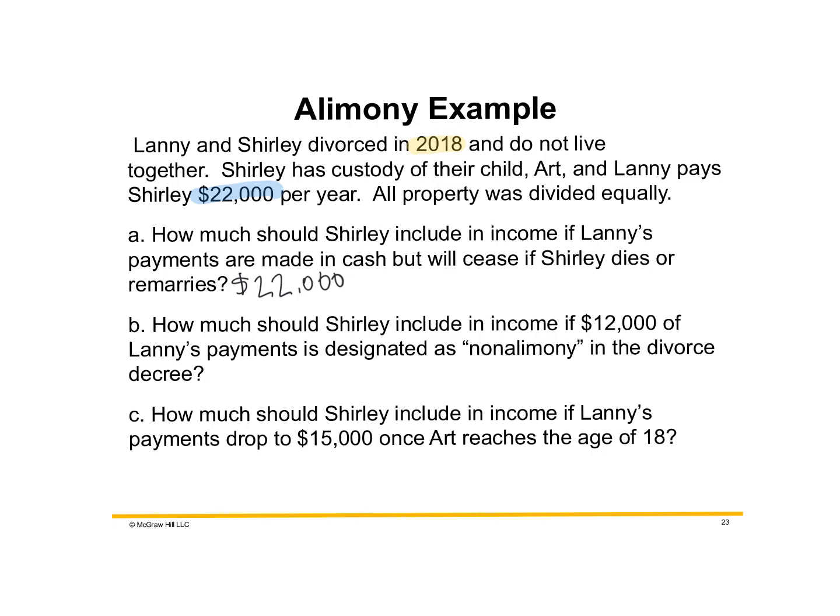And the reason why it is $22,000 here is because the payments do not continue after Shirley's death, and it is not important that the payments may cease earlier than Shirley's death. So $22,000 will be included in the first scenario.